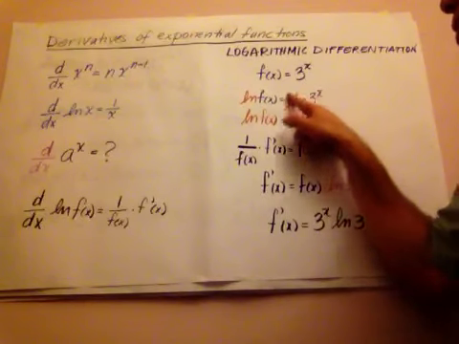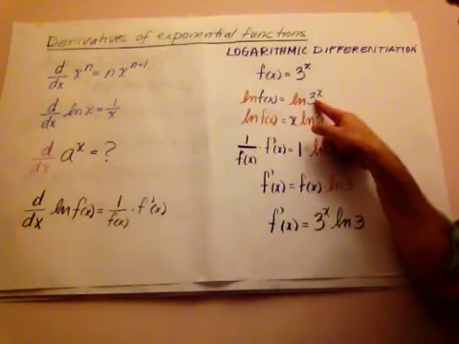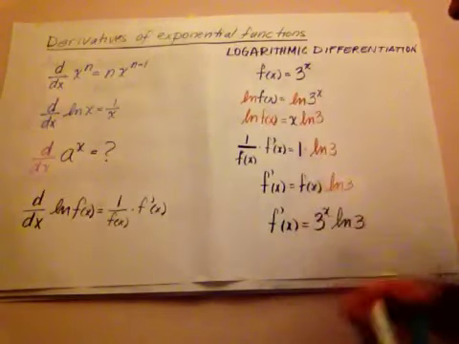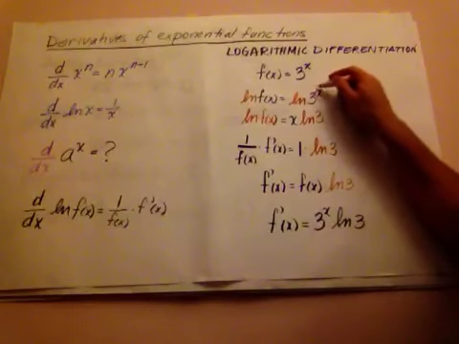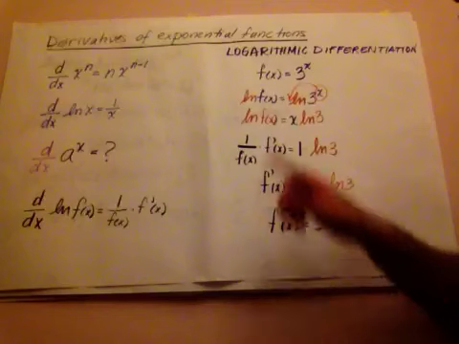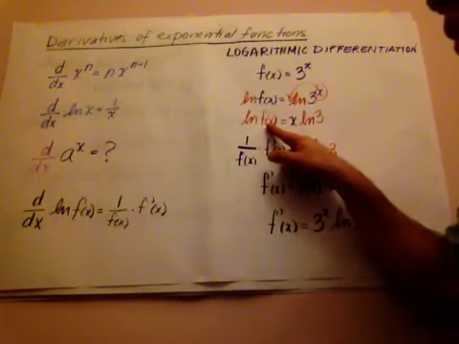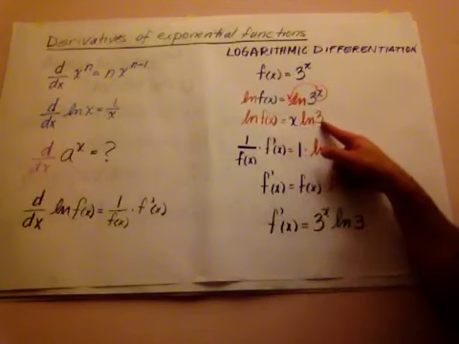Applying properties of logarithms to the right side, we get that the x comes down in front of the natural logarithm.